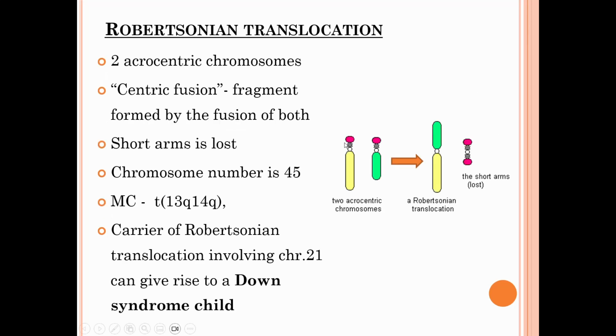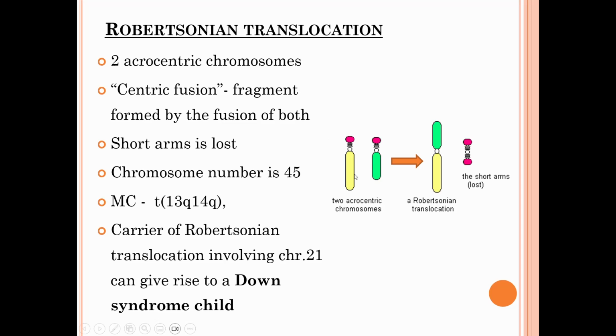Now you can see here these are two acrocentric chromosomes, and there is this Robertsonian translocation. What is Robertsonian translocation? It happens between the two acrocentric chromosomes. There is central fusion, so the fragment is formed by fusion of both, and here the short arm is lost. Chromosome number is 45.